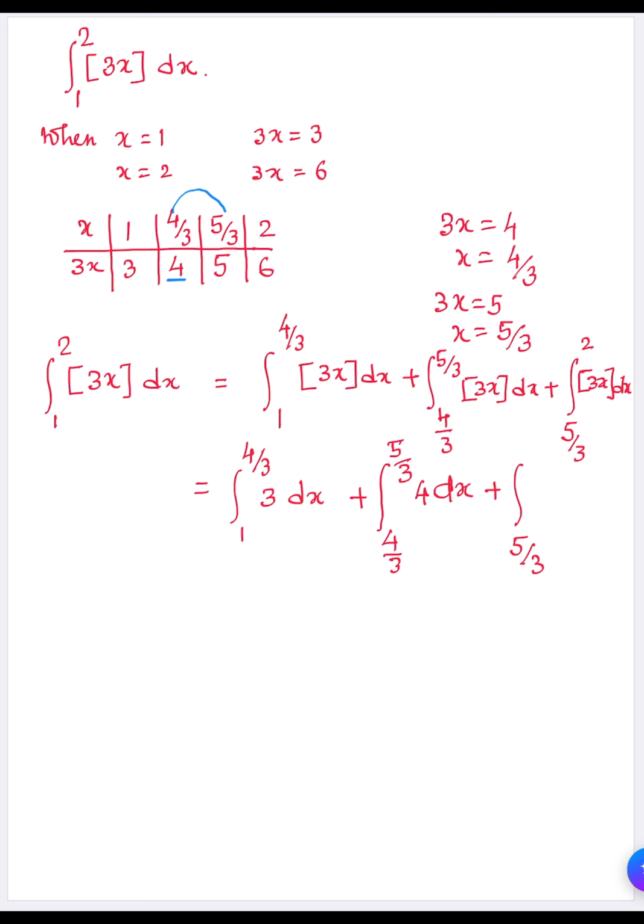Similarly, in the range of 5 by 3 to 2, the greatest integer of 3x is 5. This gives 3 into 4 by 3 minus 1, plus 4 into 5 by 3 minus 4 by 3, plus 5 into 2 minus 5 by 3.